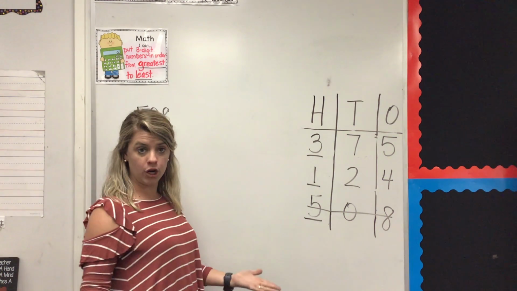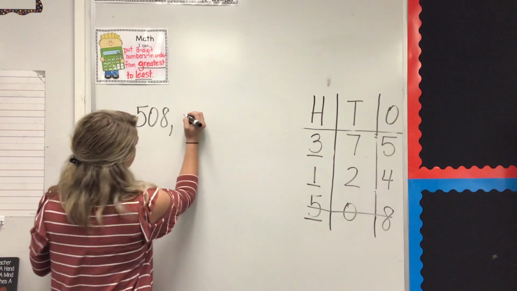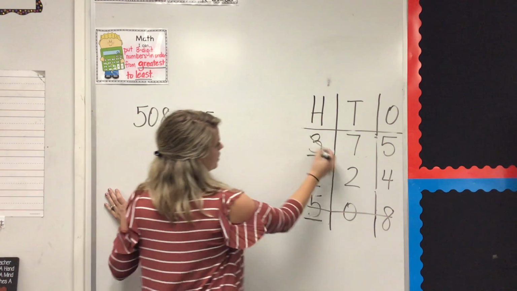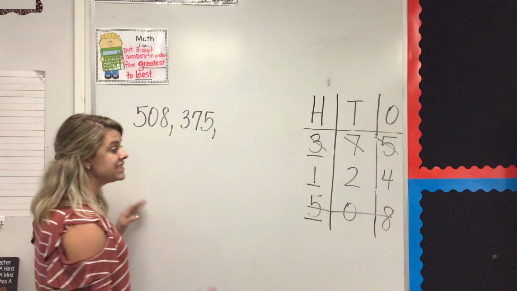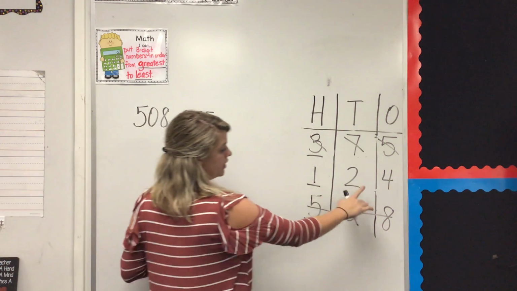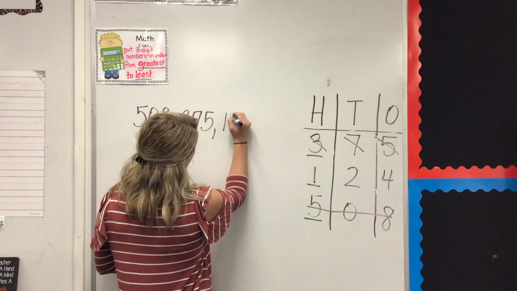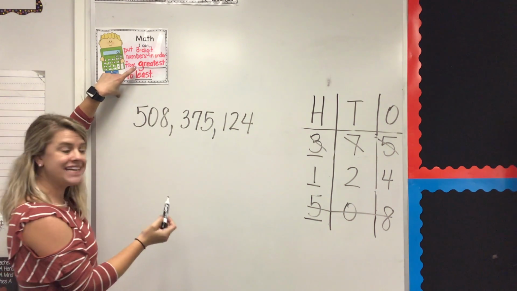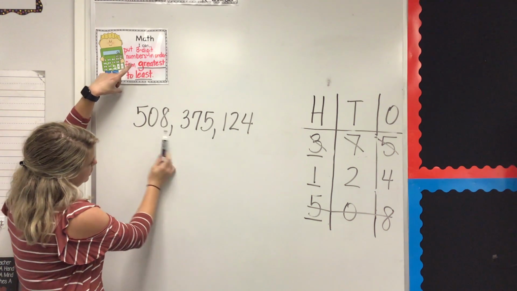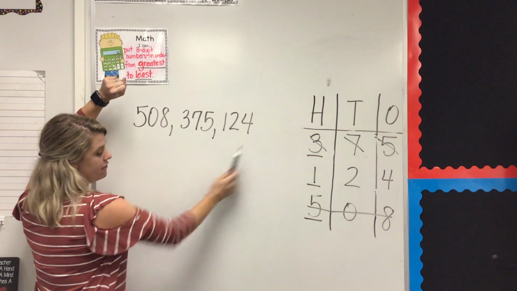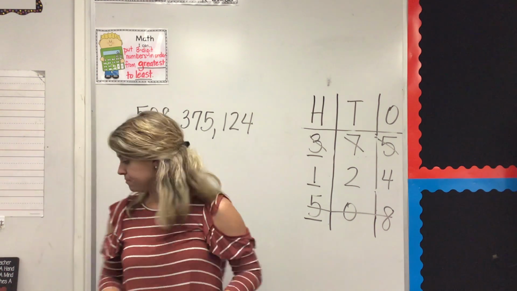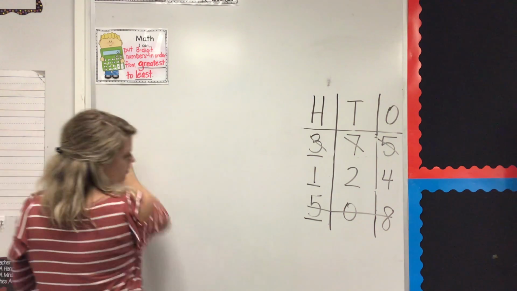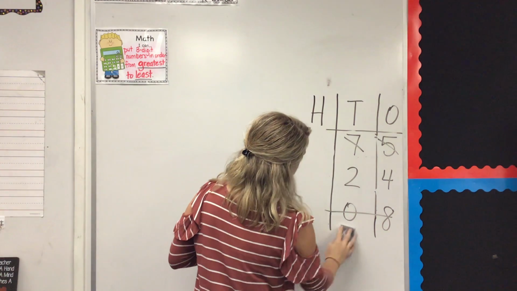Which one is greater? 300, right? 375. All right. And the last number is the only one that I have left would be 124. And we know that our numbers should be going in order from greatest to least. 508, 375, 124.